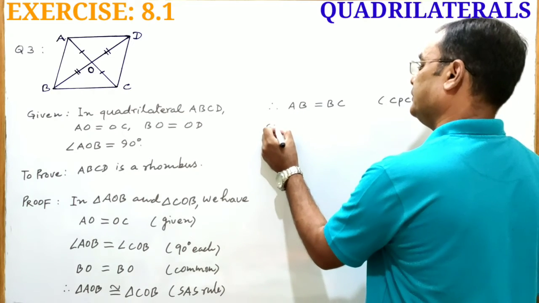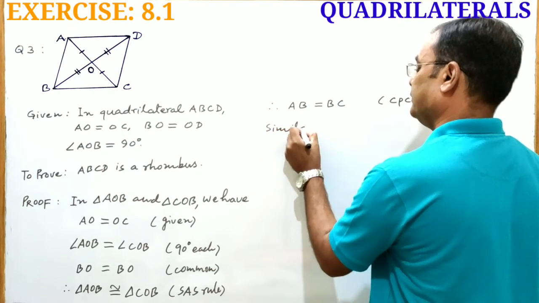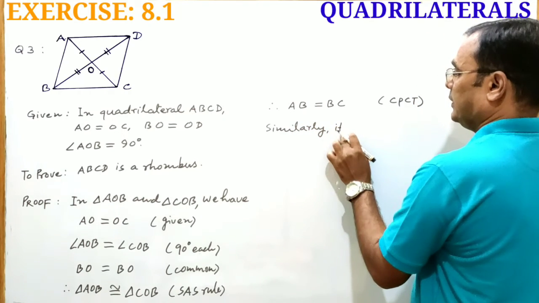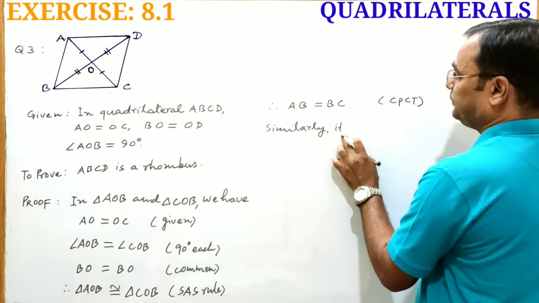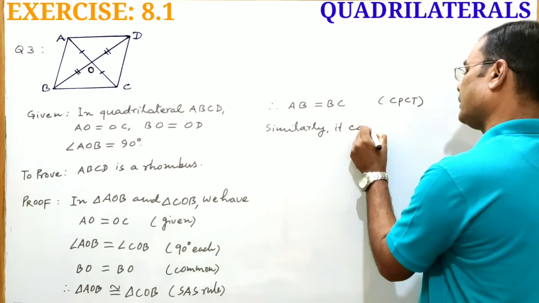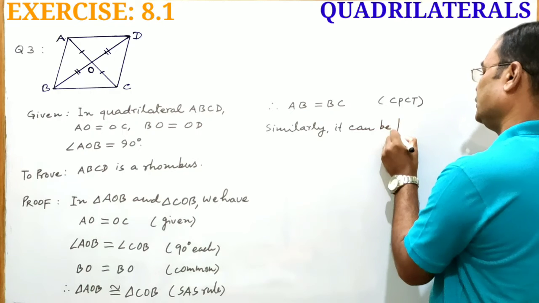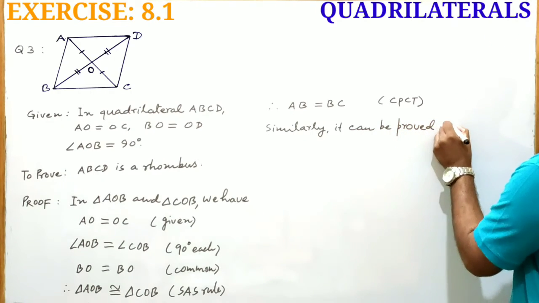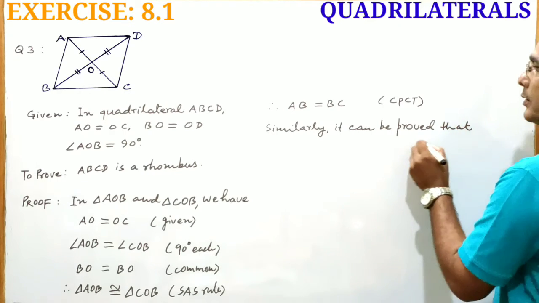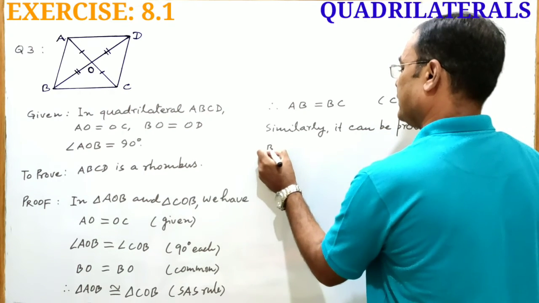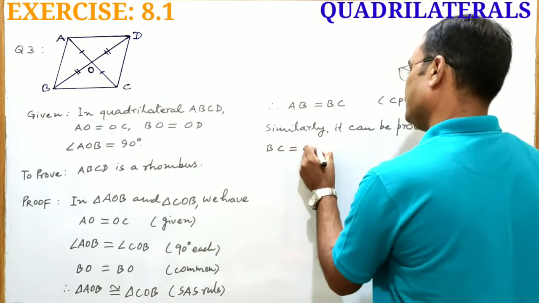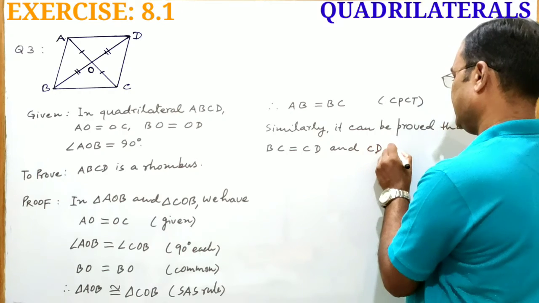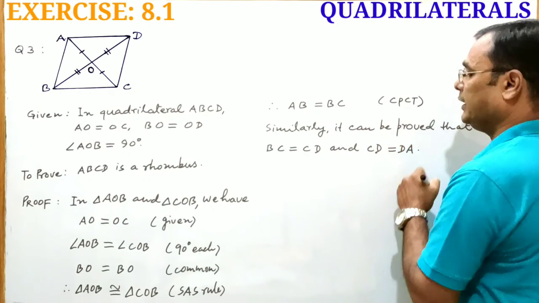Similarly, it can be proved that BC is equal to CD and CD is equal to DA.